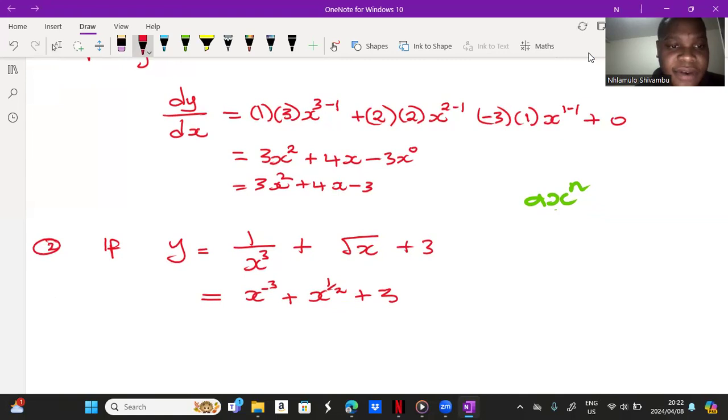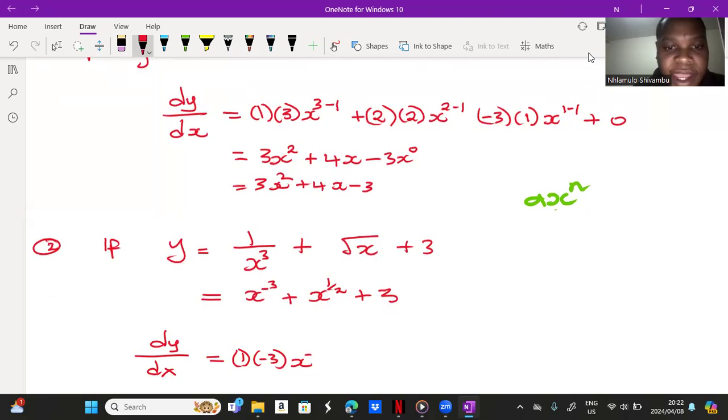So then dy over dx is equals to, remember I said you don't have to show the steps, but I'm going to show the steps here in this video. So this is going to be the coefficient that is here, which is 1. So this is going to be 1 times the exponent, which is minus 3, x, and then we subtract 1 from the exponent.